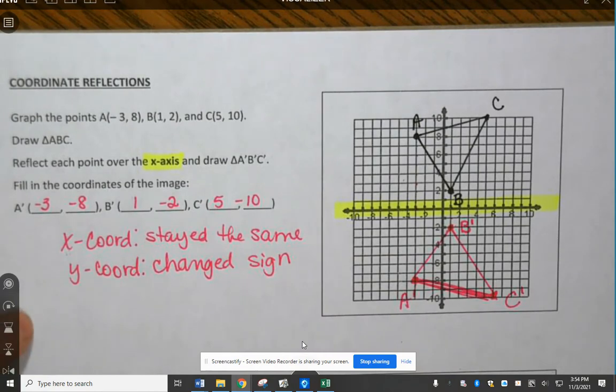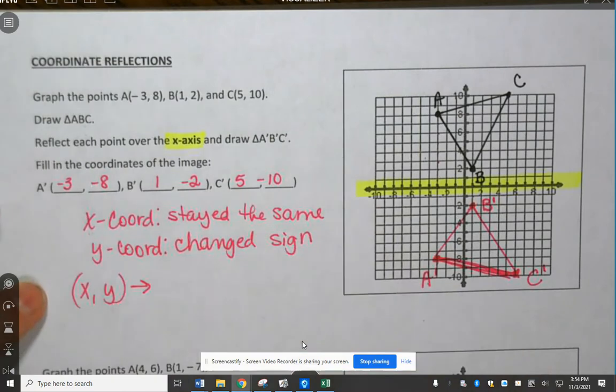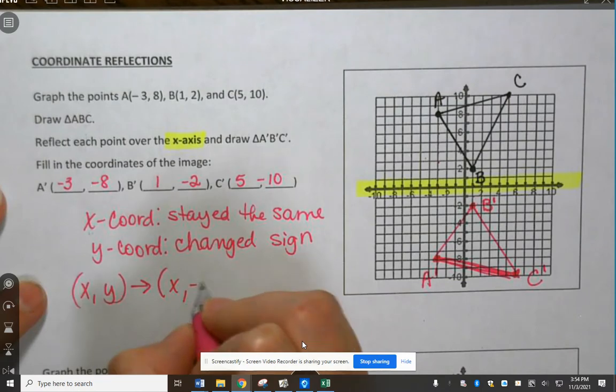So keep thinking about these. If I have x, y, and you can use the first packet to help you with this: when I reflected over the x-axis, the x stayed the same, but the y became opposite.